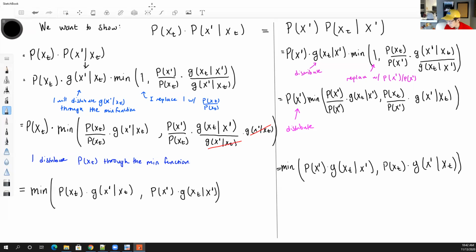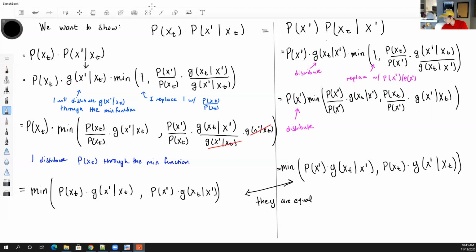And what we see is that these two things are exactly equal. They are the same. So the amount flowing from xt to x prime is the minimum of whatever this product and this product are.